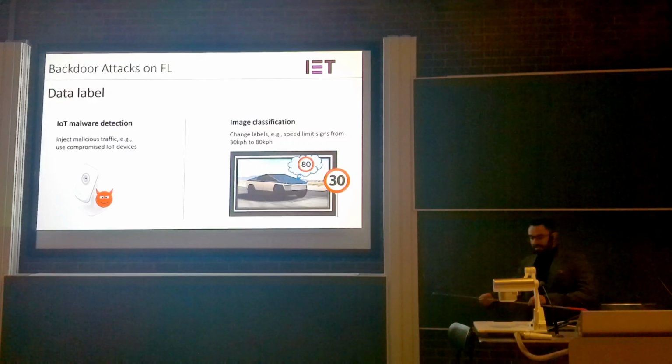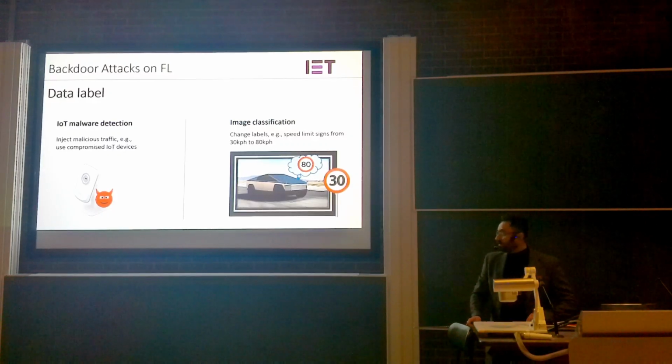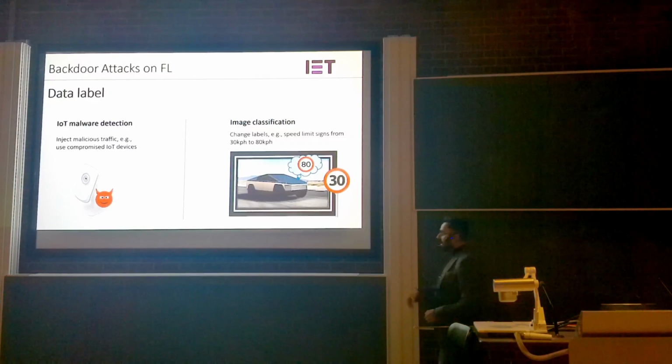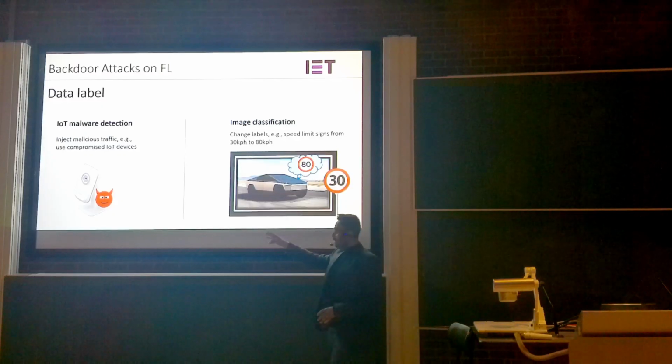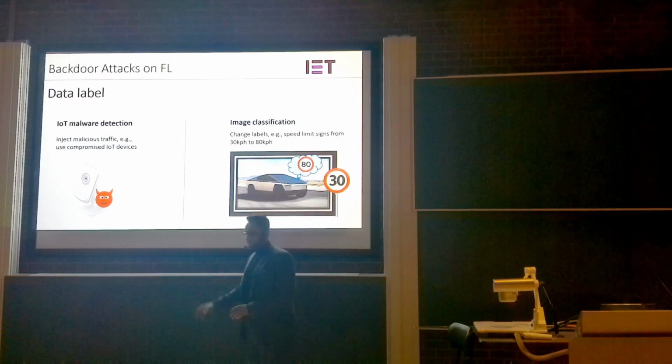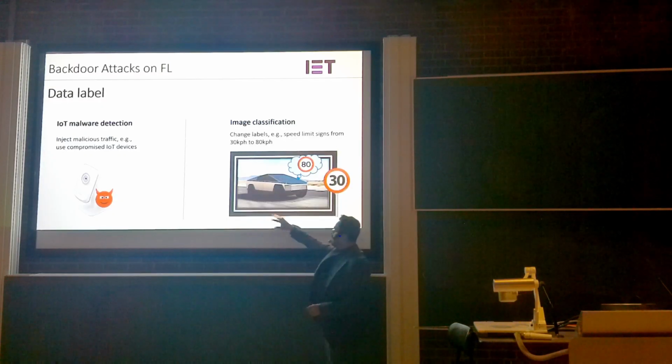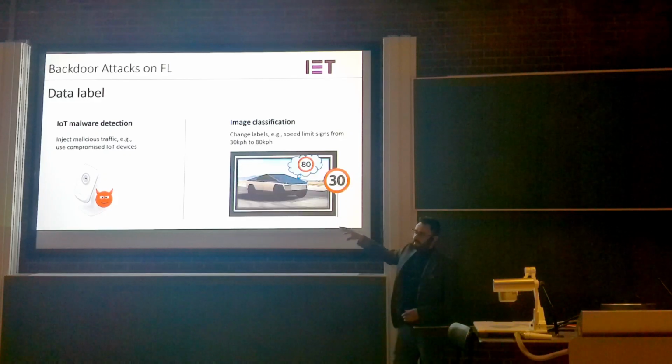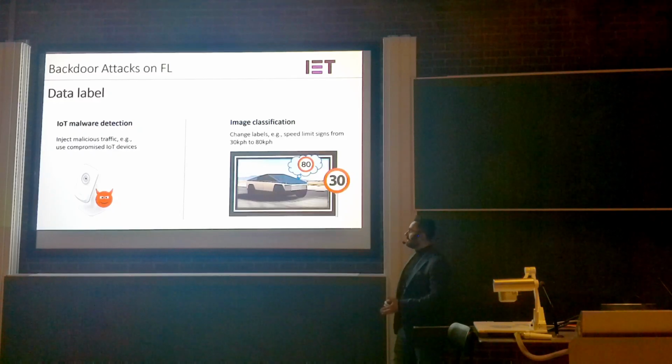An example of this is data labels. Imagine there is a malicious or vulnerable node that could be hacked, and based on that you could basically change the data, or the input data, to that model.